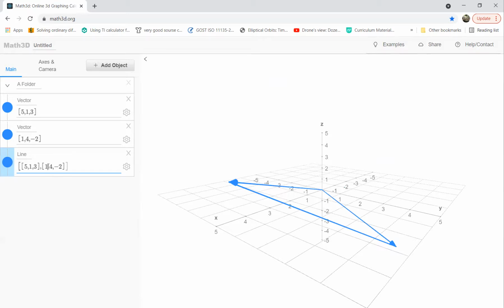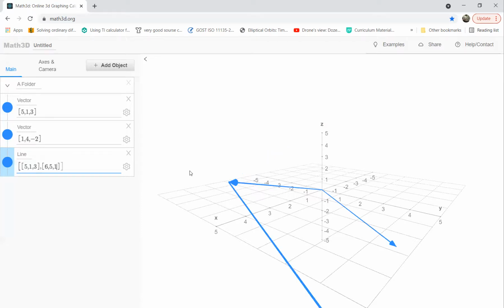This one doesn't give me the terminal point, so let me fix the terminal point. It's 6, 5, and 1.